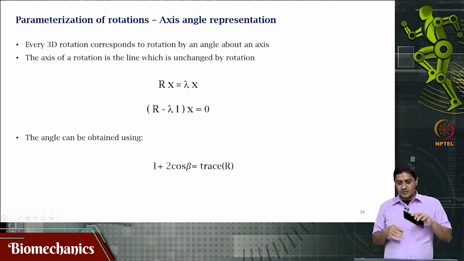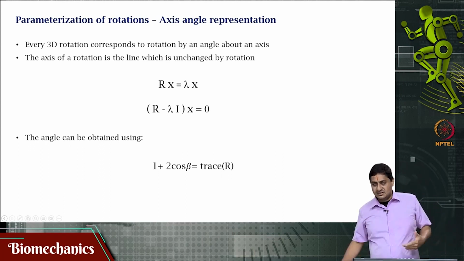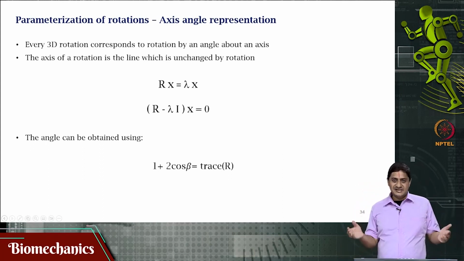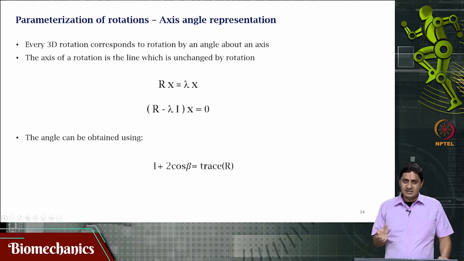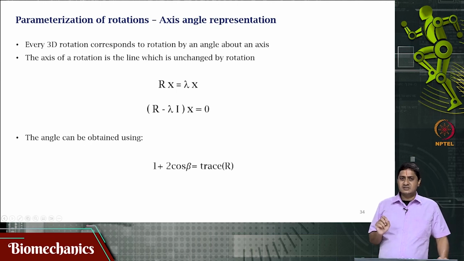Okay. So, any rotation that happens in 3D essentially is a rotation by an angle about an axis. That does not mean that that axis is one of the principal axes and the angle is one of the Euler angles.